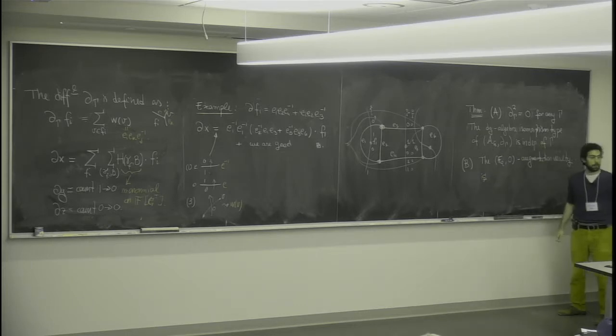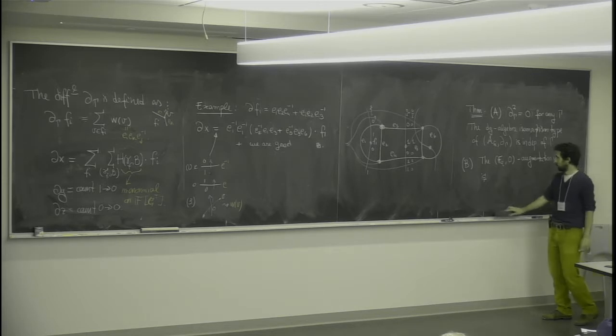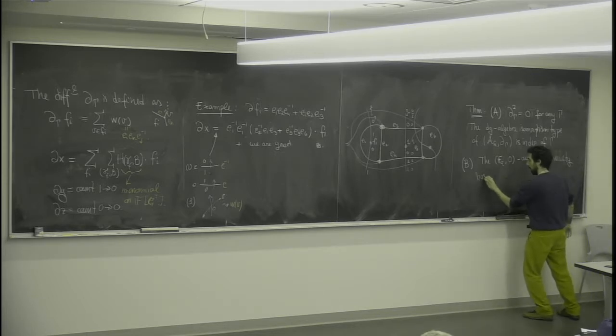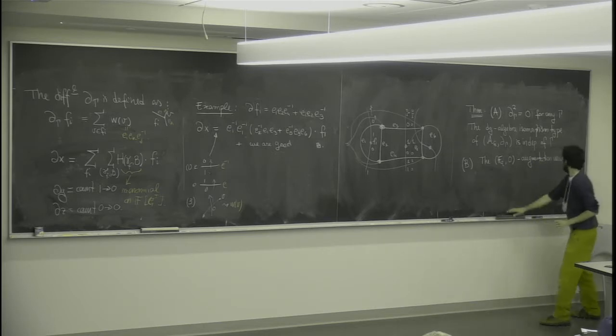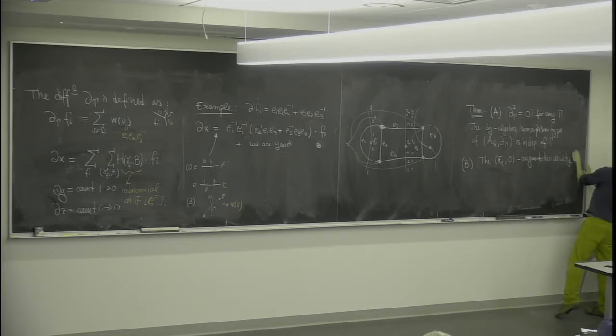Anyone want to have a guess? So the number, let's put it this way. This augmentation variety, which I might call X_q, has a number of F_q rational points.